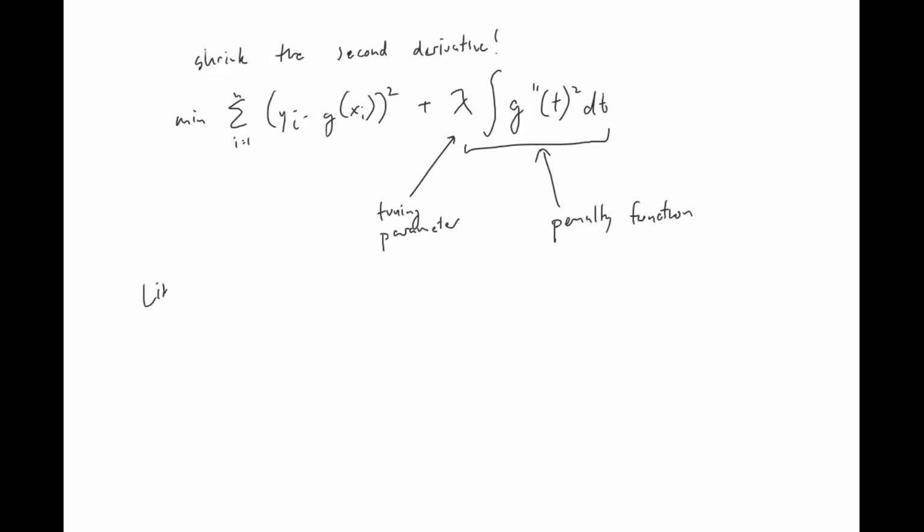Okay, so like a ridge regression, this penalizes the function by encouraging smoothness.